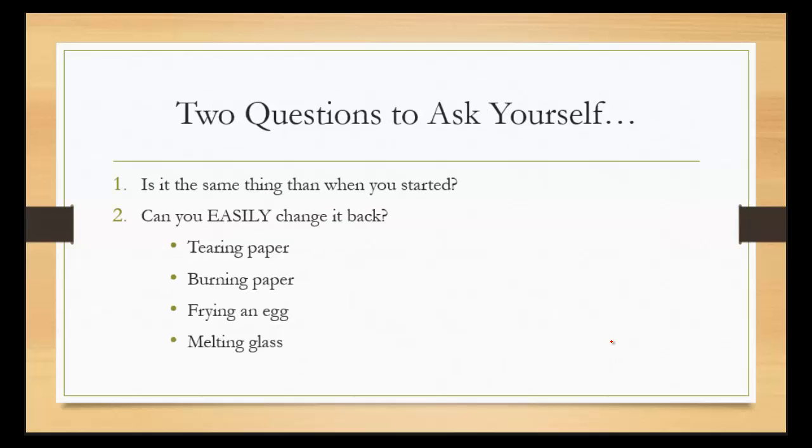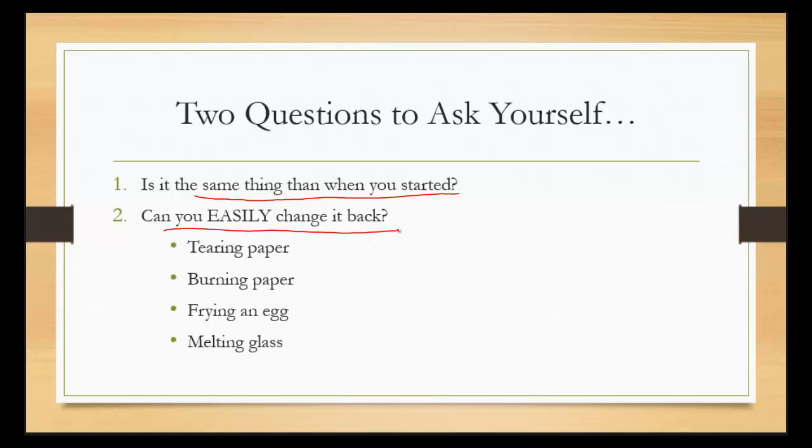So when you're trying to ask yourself if something's a chemical reaction, which chances are your instructor will have you do, I want you to think of two questions. One, is it the same thing as when you started? Two, can you easily change it back? That's what I want you to think about.